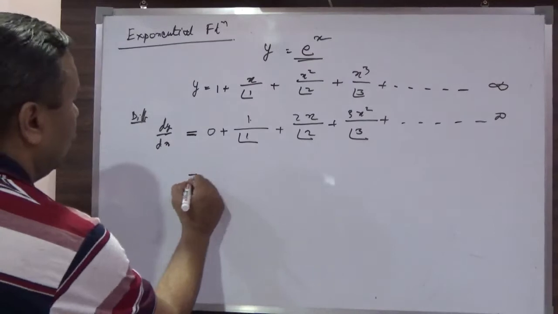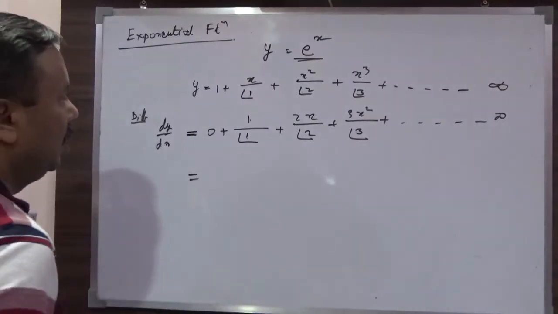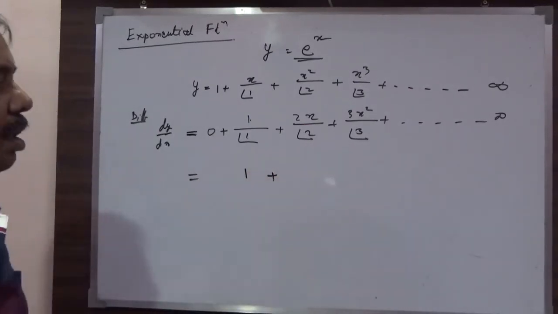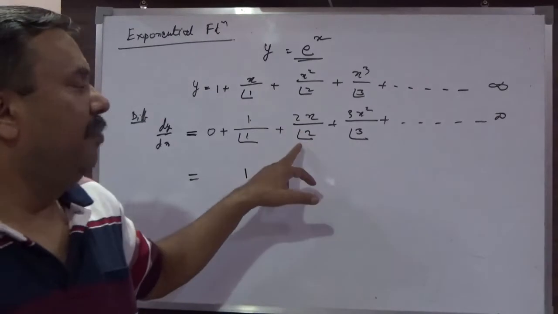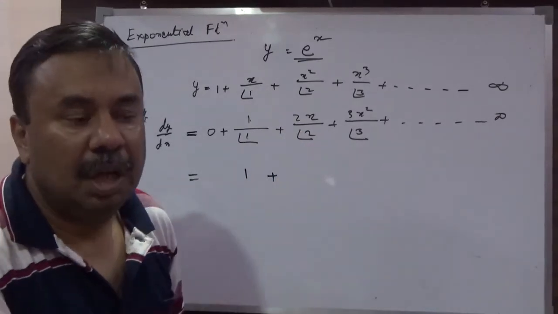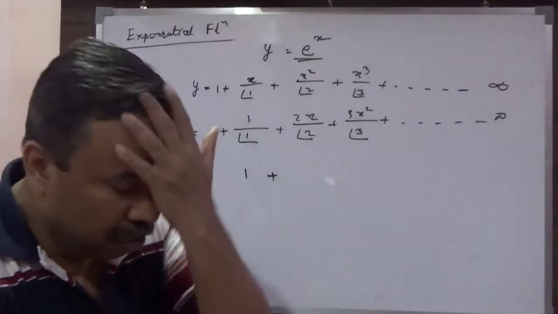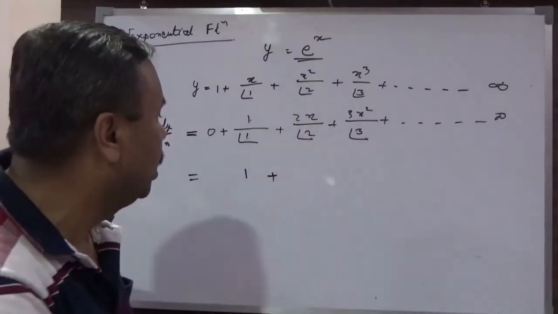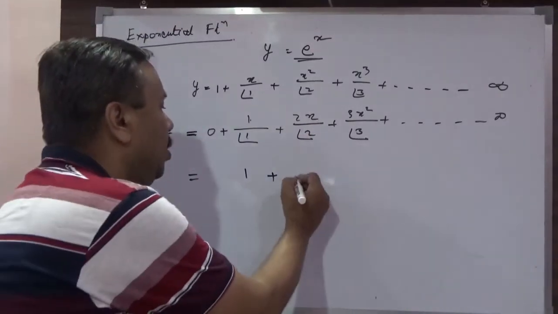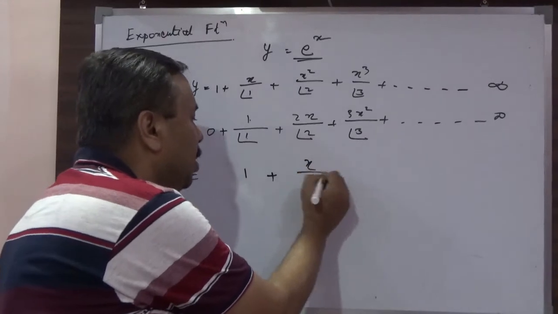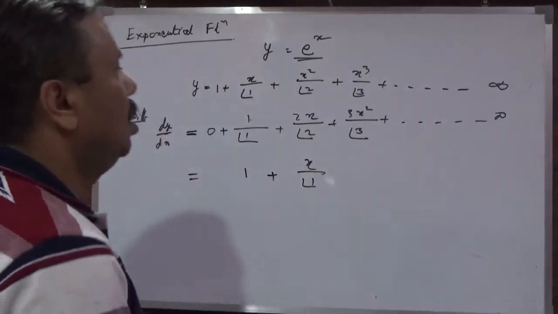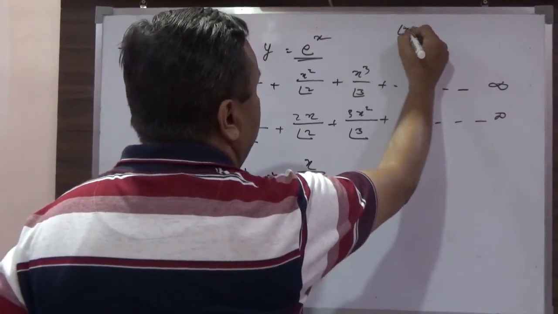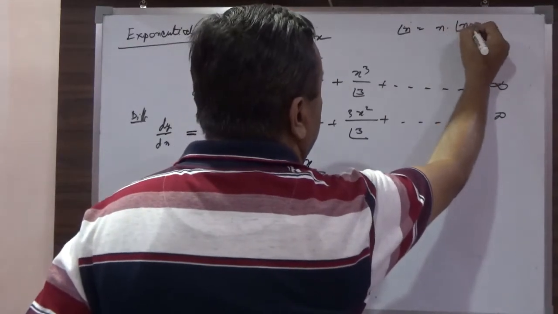Now this is 0, I will leave it, and then this becomes 1 plus, now you see 2 by factorial 2. Factorial 2 is the product of the first two natural numbers, 1 multiplied by 2. So if 2 is taken out, it becomes factorial 1, so it will become x by factorial 1, because factorial n is n multiplied by factorial n minus 1.